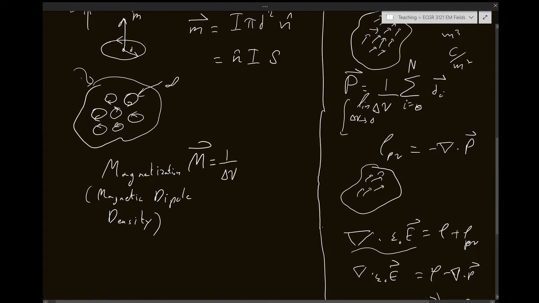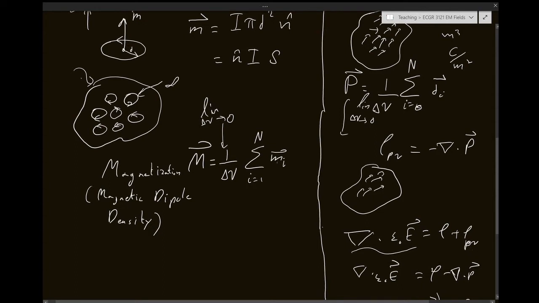In a certain volume, I have n dipoles, right? And n could be very large, and delta V could be very small, right? So this is the limit I'm taking here, the limit as delta V goes to 0 of the sum of the individual moments.